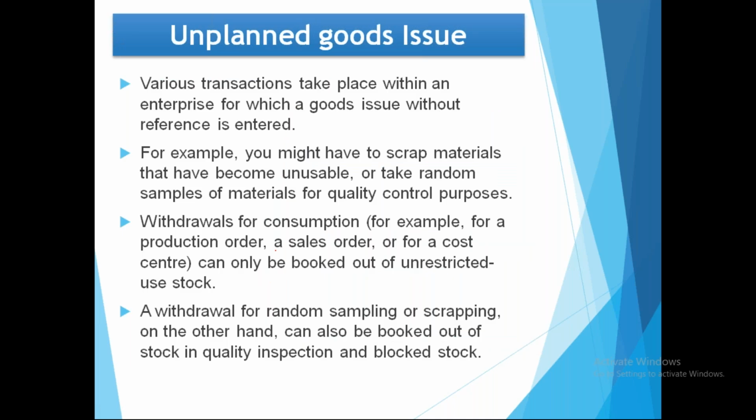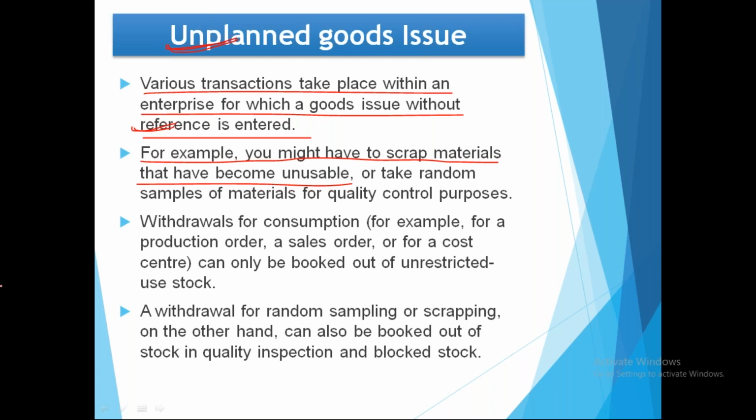First we will start with unplanned goods issue. Various transactions take place within an enterprise for which a goods issue without reference is entered. Sometimes you suddenly issue some material without any reference, which is called unplanned goods issue. For example, you might have to scrap materials that have become unusable.